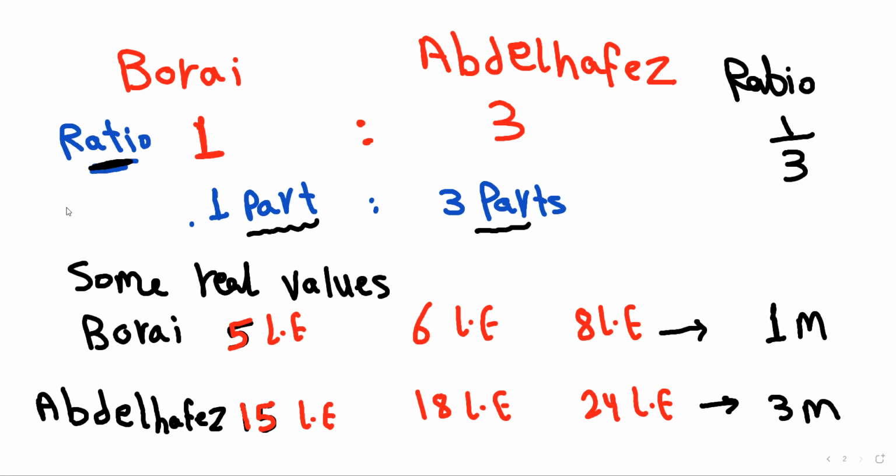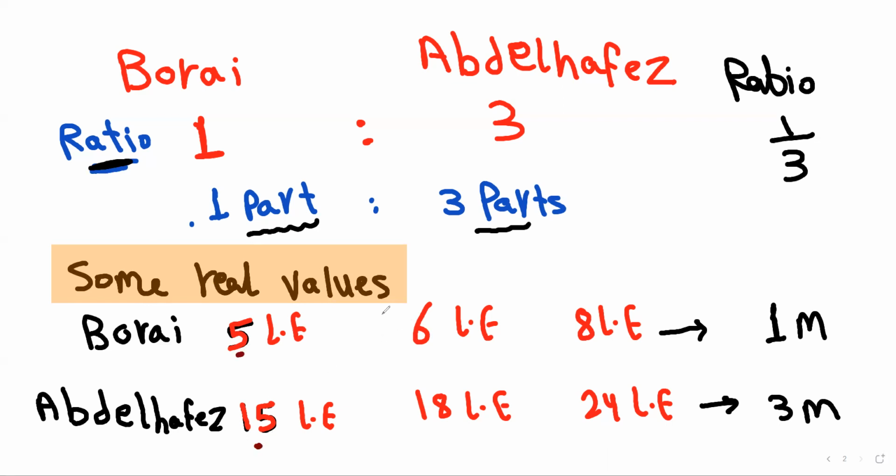about this story. We can assume that Borai has 5 pounds and Abdul Hafiz has 15 pounds. That gives us the same ratio. If you simplify it, 5 divided by 5 is 1, 15 divided by 5 is 3.